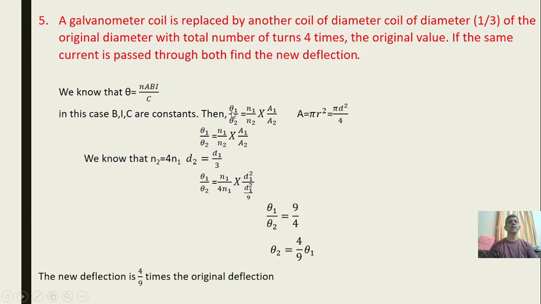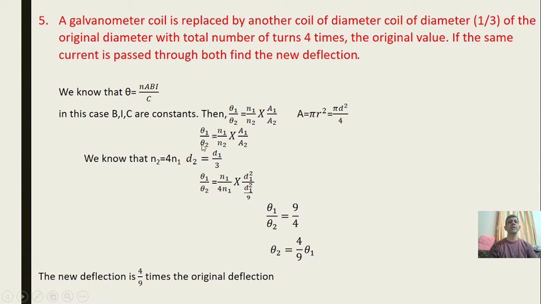Therefore, theta 1 by theta 2 is equal to N1 by N2 into A1 by A2, because only these two are changing. The area of the coil is given by A is equal to pi r square. The radius is d by 2, therefore it can be written as pi d square by 4.